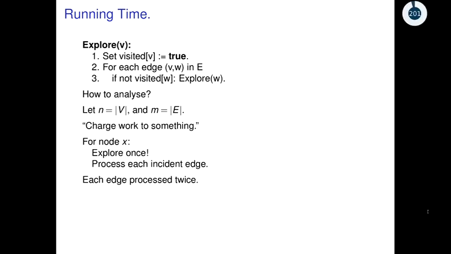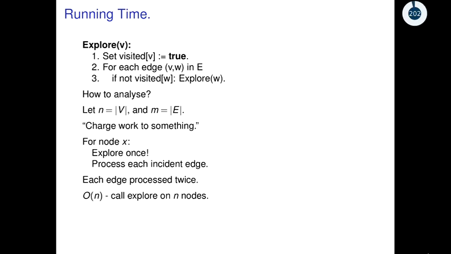Now, each edge is processed twice. So what's the total work? This is the total amount of processing you do. Each edge is processed twice, because how many adjacency lists does it appear in? 2. U's adjacency list and V's, or V and W's.